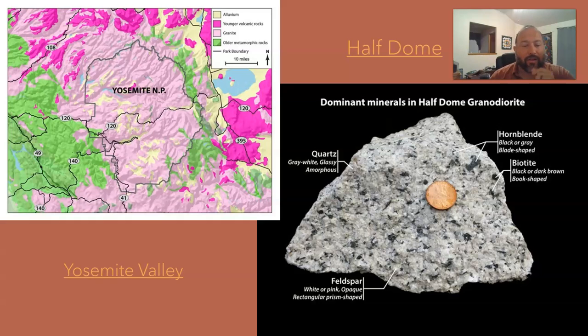Your granite parent material is the whole part that makes up the park. And so you can see there's older metamorphic rock, and there's also some younger volcanic rock, and there's some alluvium as well, but the area where we get all the stuff that we find interesting is right there in the national park.